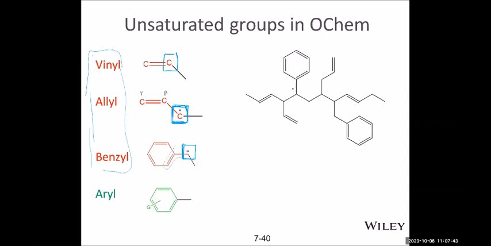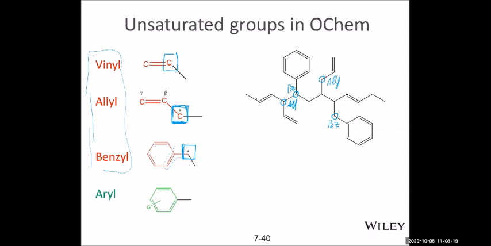This is the first one. This is actually the benzyl group, benzyl carbon. And this is allyl. Benzyl again. And this will be allyl, because they are linked to a double bond. And the vinyl carbons are these.